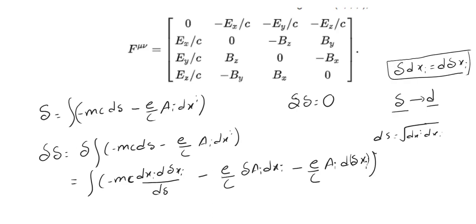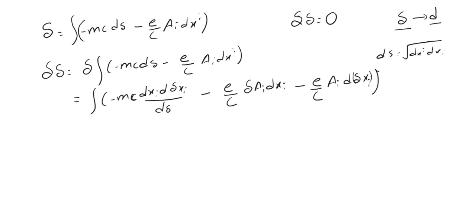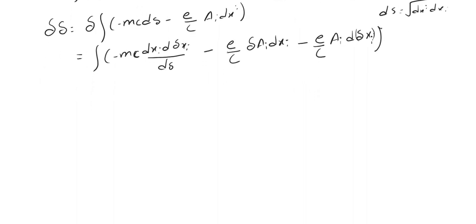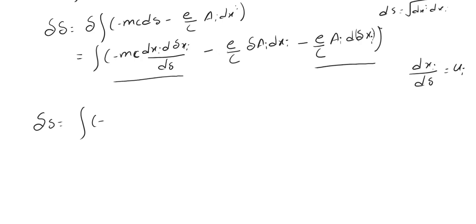Well and good. Now we'll do integration by parts of this part and this one. For our convenience, we'll take this term dxi by ds as some ui. So this thing will look like ui into d of the variation of xi.